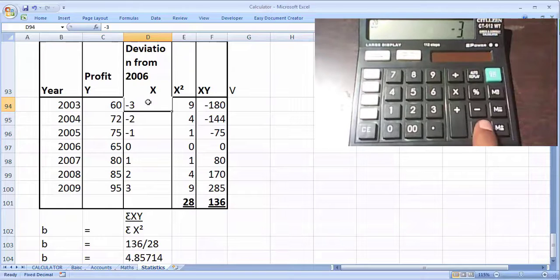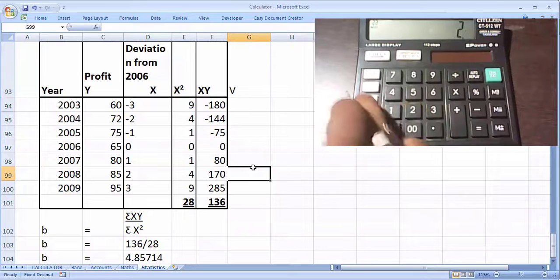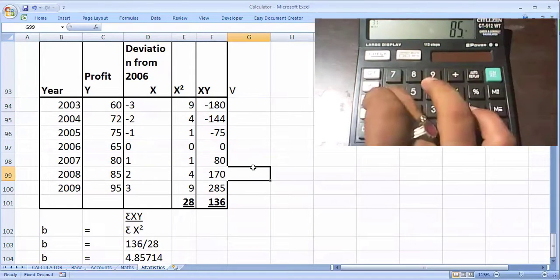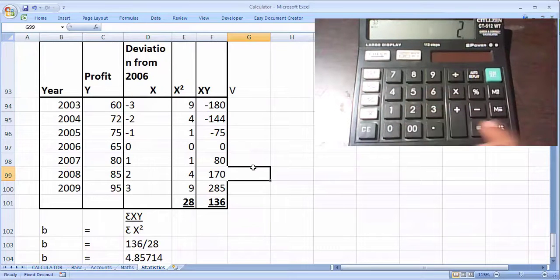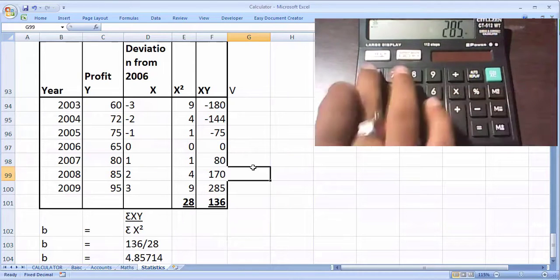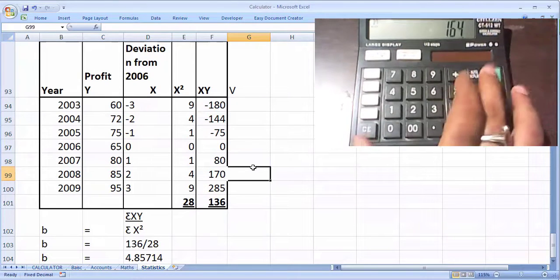Minus 3, put equals, minus 180. Then one more xy. 72 into 2, minus, equals 144. 75 into 1, minus 75. 0, leave it off. 80 into 1 equals 80. 85 into 2 equals, 95 into 3 equals, grand total.